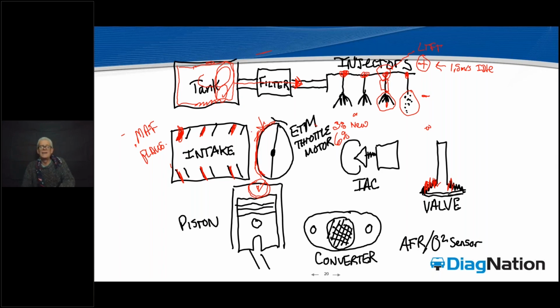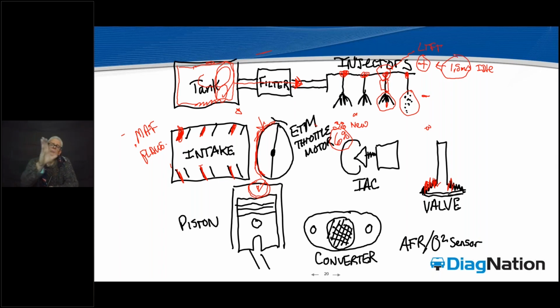There are cars that do it differently, I'll explain that in a second, but you can't have this at 6% and have this stay. This cannot stay.